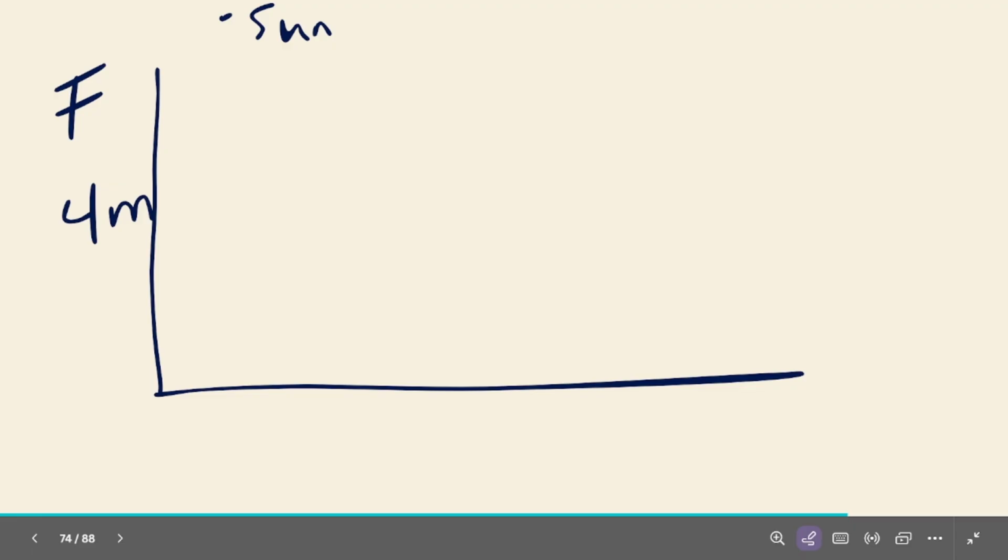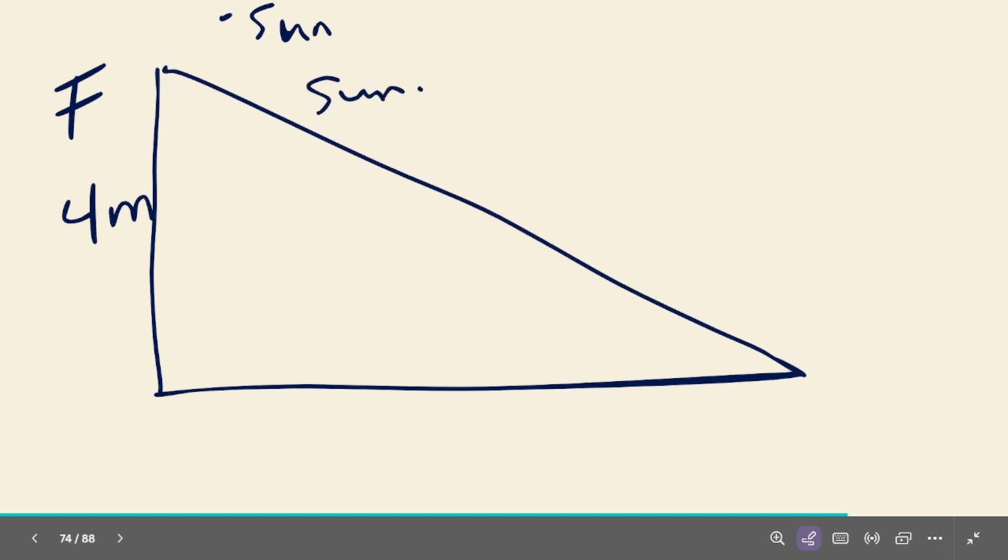Right? So if the sun is shining here, definitely the rays of the sun will be here. So this is the sun rays. If the sun is right here, the rays will definitely be here. Now, if the rays of the sun are here, definitely its shadow will be cast down on the horizontal.